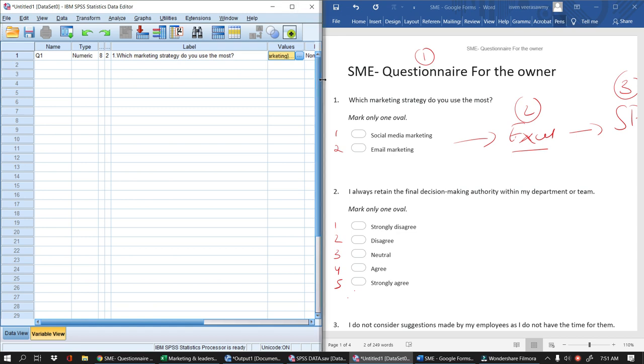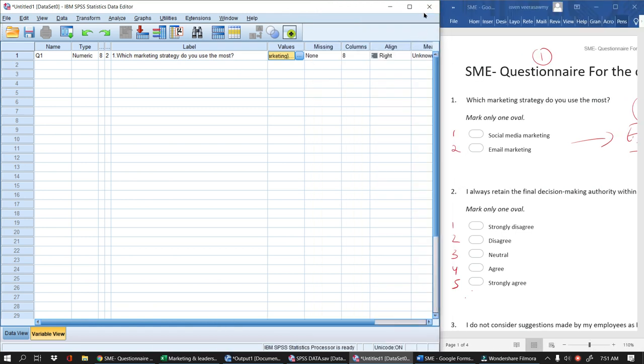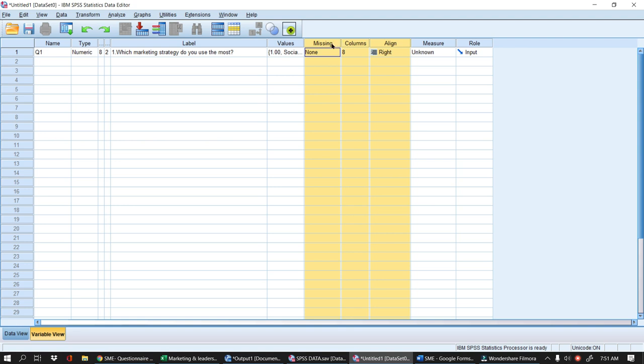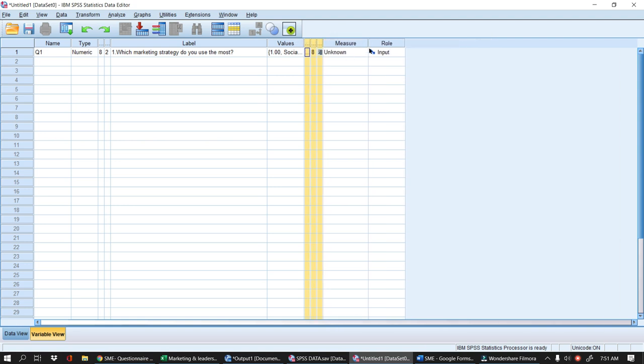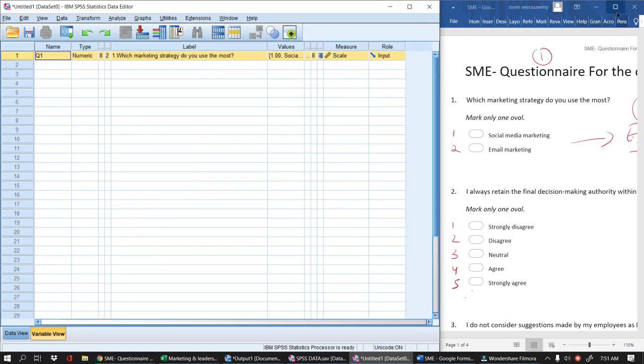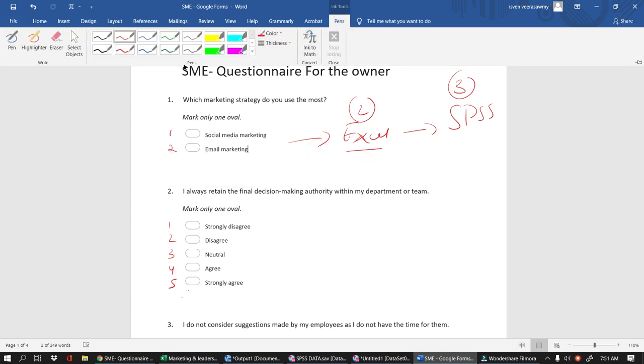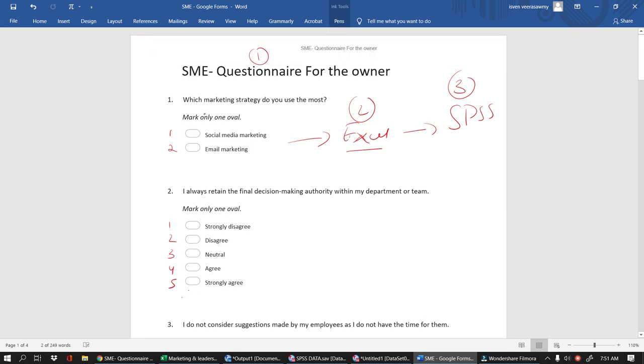Now you can proceed to this column over here. You can leave this blank. Do not mess with those columns. You have to indicate what type of measurement this question on marketing strategy was.